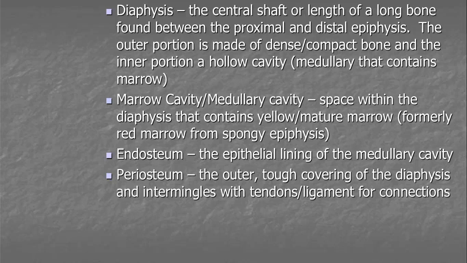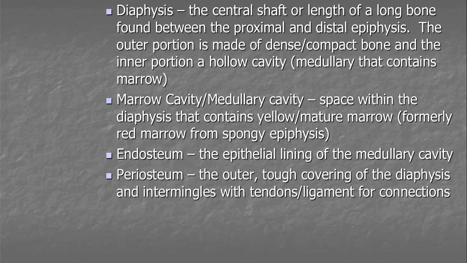The diaphysis is going to be the long central shaft that's located between the 2 epiphyses of the bones, the proximal and distal. Remember, proximal is closer to the torso of the body, and distal is away. Again, the outer portion of the diaphysis and the outer portion of the epiphysis is covered in dense, compact bone. And in the diaphysis, it has a hollow inner cavity.